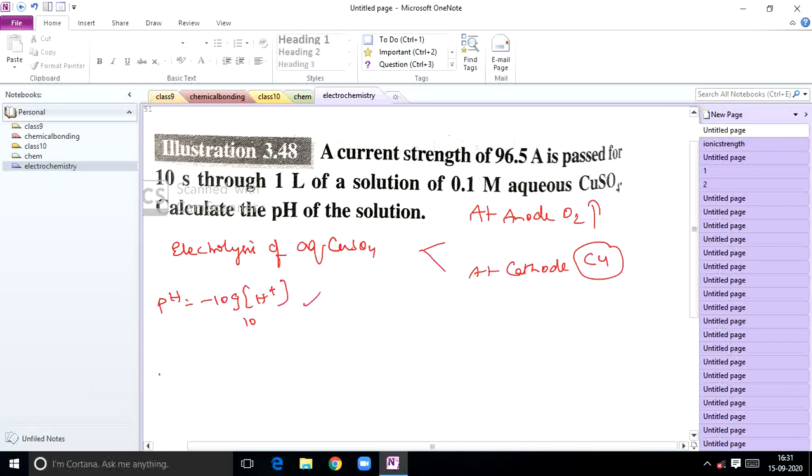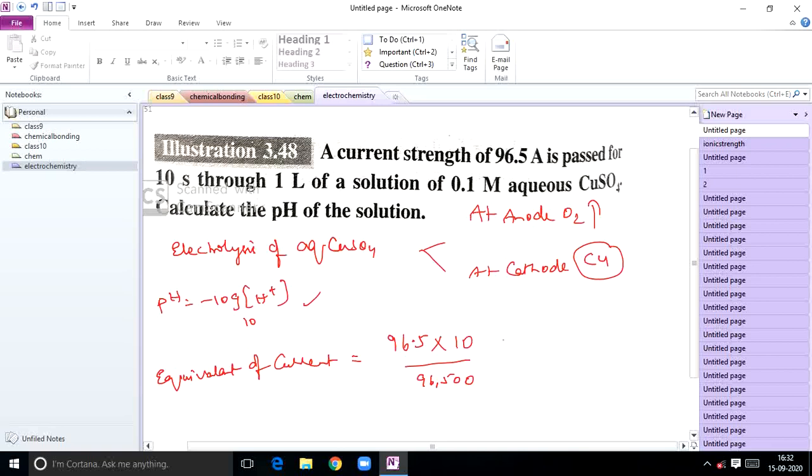So here what we have to do is, equivalence of current is equal to 96.5 into I into T, 10 seconds, divided by 96,500 coulombs, that is 1 Faraday.